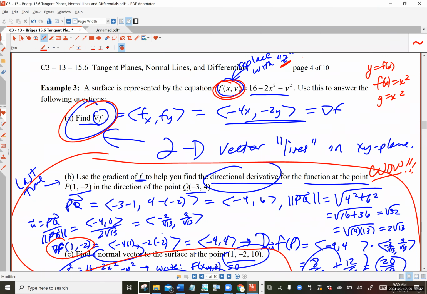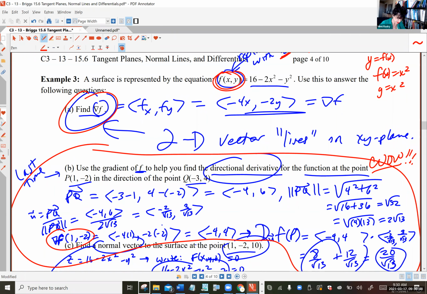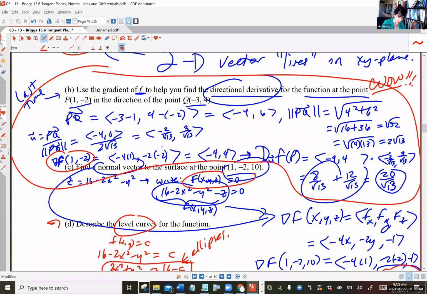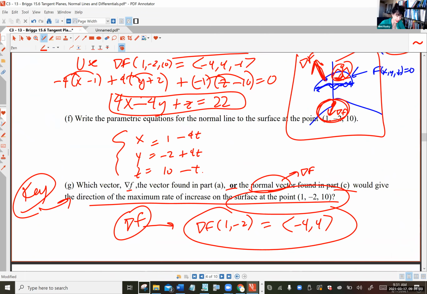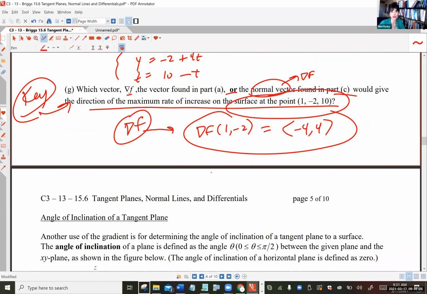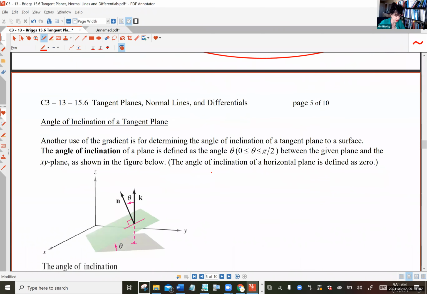And you need to do that because when they ask you for the normal vector to the surface, or the tangent plane equation, or a normal line to the surface, you have to rearrange the whole equation into this more general format for a surface equation, everything on one side and 0 on the other, so that you can get the big 3D gradient, big del f, which is different from little del f, which you can use for your directional derivative and to point you in the direction of maximum increase.